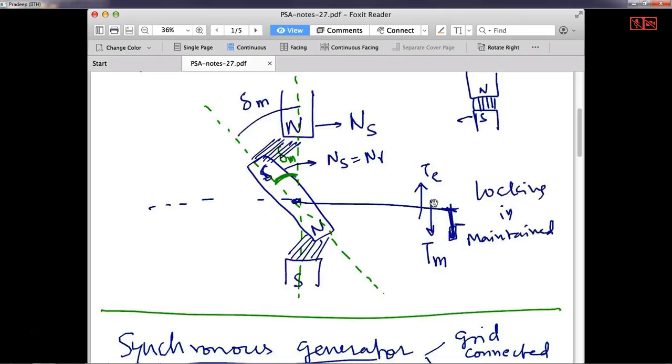So the load torque is Tm, and the electrical torque generated is Te. These two cancel out each other. Now the stator is rotating at synchronous speed, the rotor also rotating at synchronous speed. The synchronism is maintained, the magnetic locking is maintained and so on.